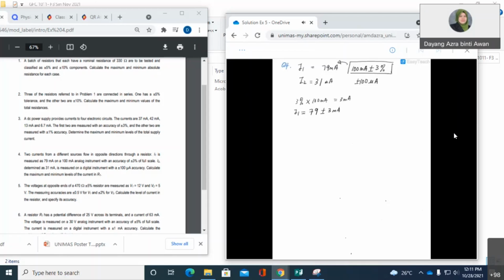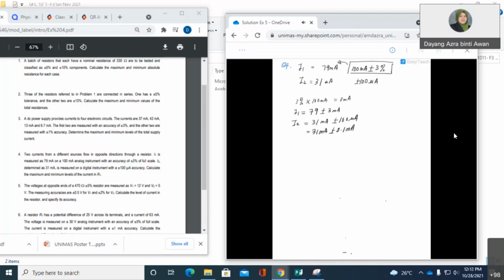This is the accuracy of I1, and I2 is given to you as 31 milliamp plus minus 100 microamp, which equals 31 milliamp plus minus 0.1 milliamp.